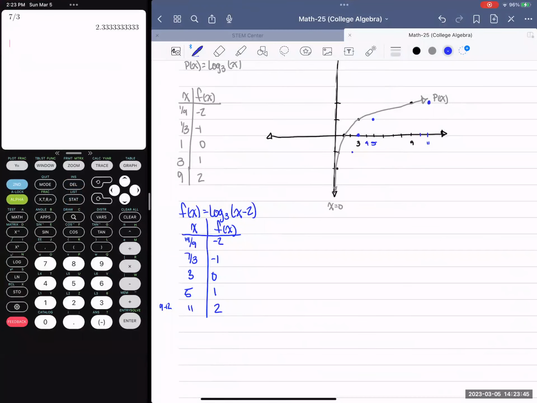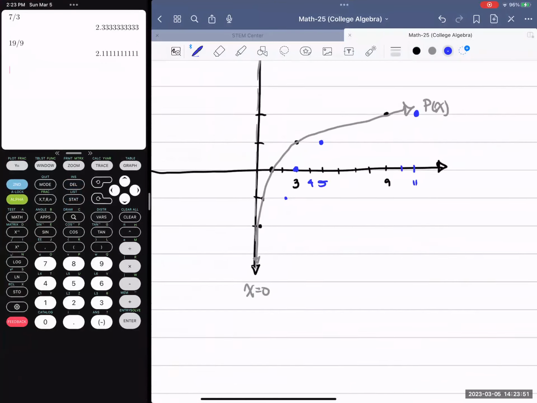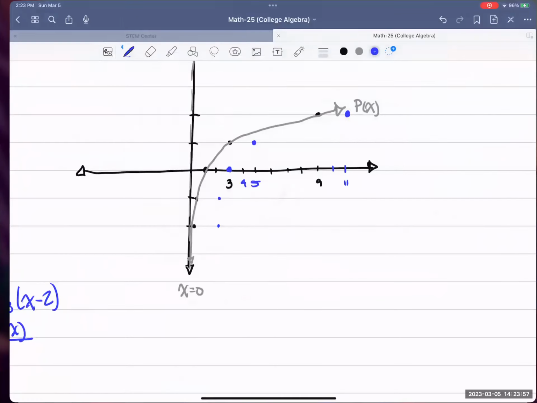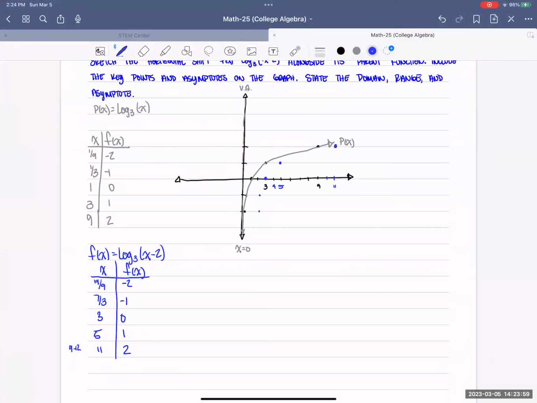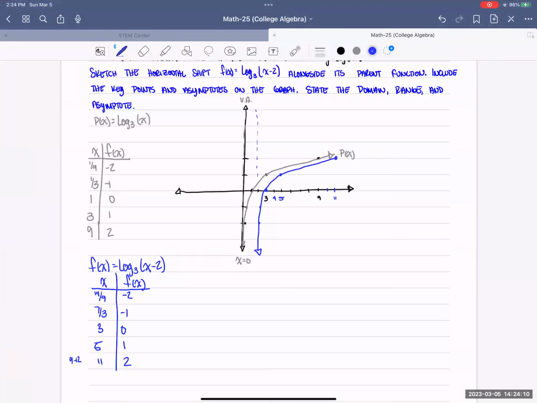And lastly, 19 over 9 is 2.11, really, really close to 2. So our graph does something like this, with the vertical asymptote going through x equals 2.